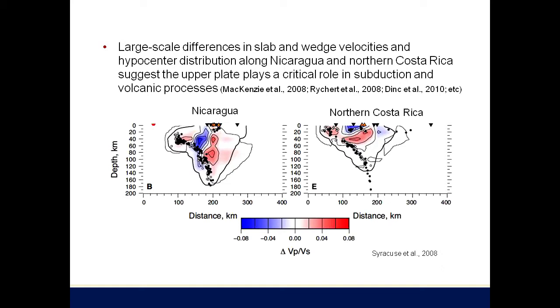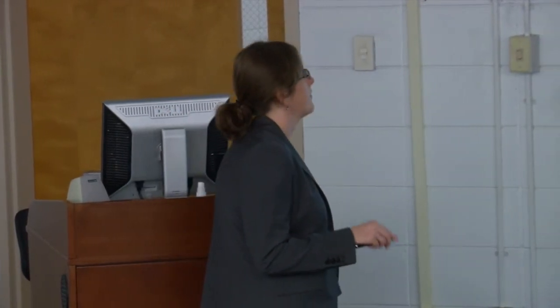What's shown here is low Vp/Vs and high Vp/Vs. So this is the ratio of the P-wave velocity to the shear wave velocity. It should be some indication of fluids in the system. Maybe also temperature, but we're going to interpret it in terms of fluids.